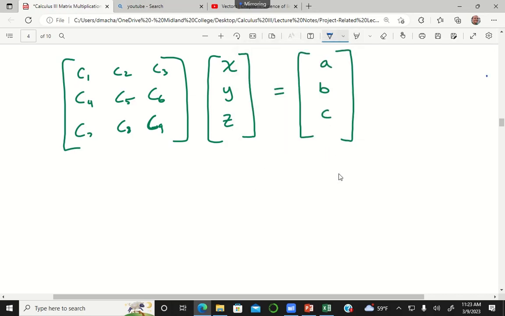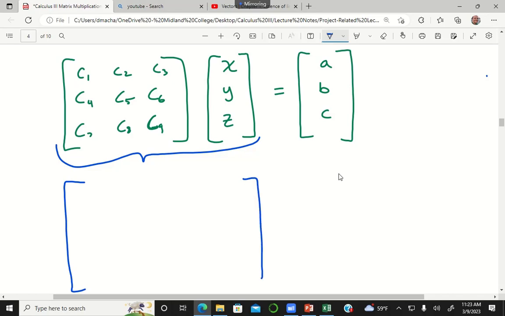What the matrix vector multiplication does here is it says C1x plus C2y plus C3z is the first entry in this vector. C4x plus C5y plus C6z is the second entry.